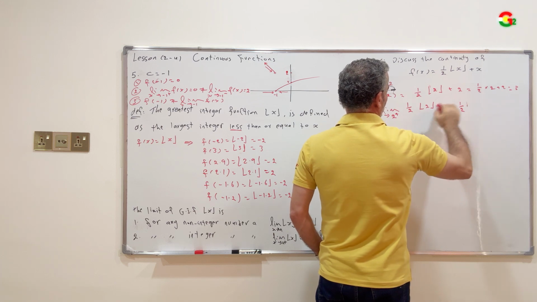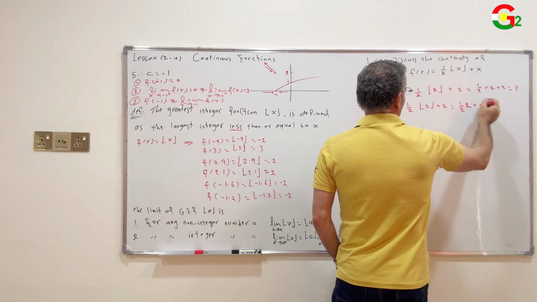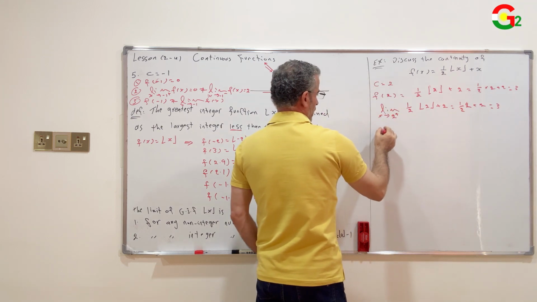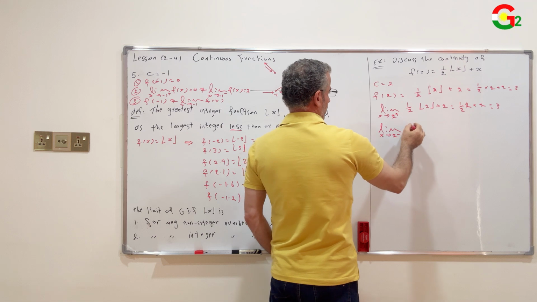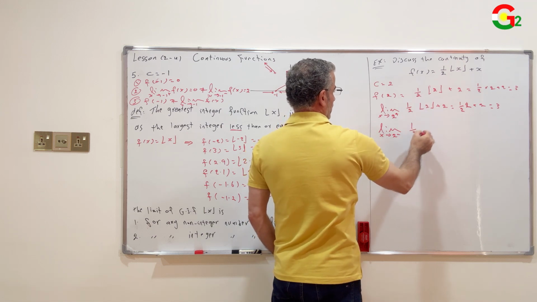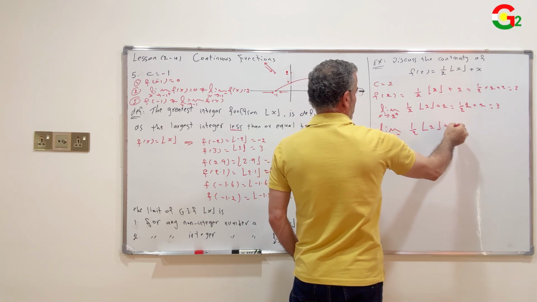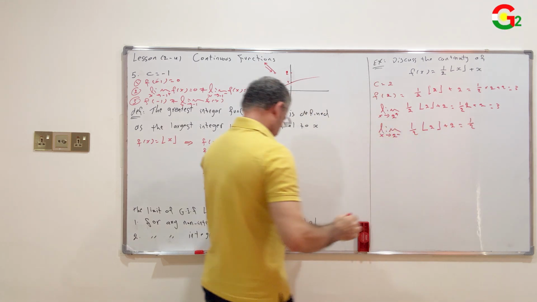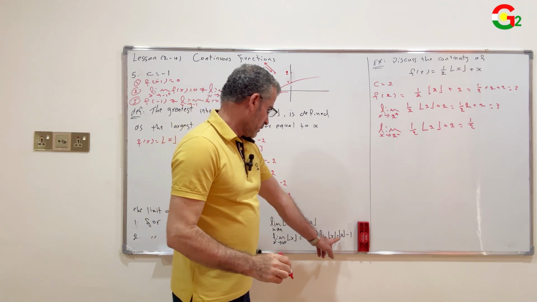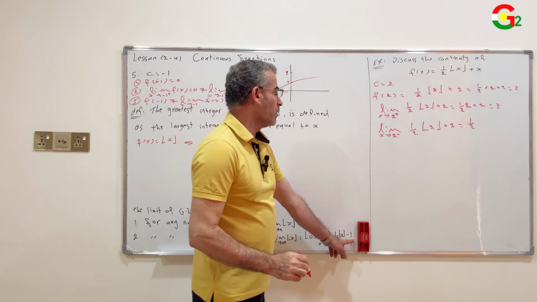Greatest integer of 2 is 2, plus 2 equals 3. And the limit when x approaches 2 from the left of this function is 1/2 greatest integer of a minus 1.